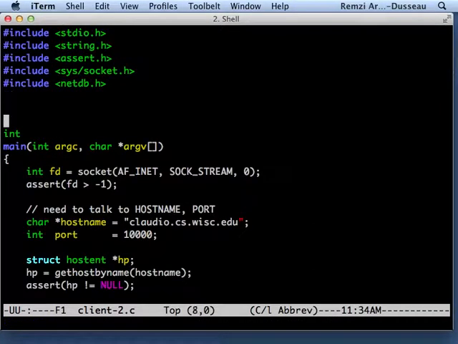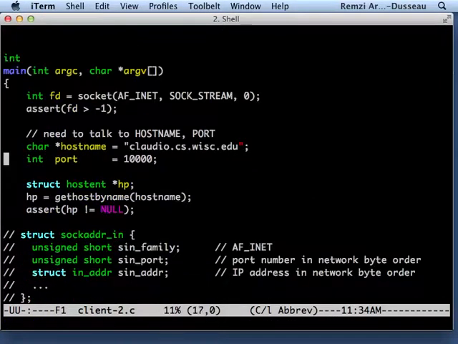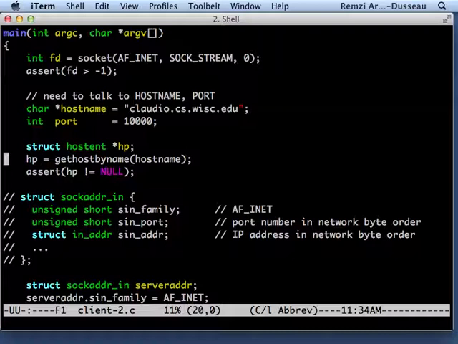Let's look at the next piece, a little bit more complicated. So we've created a socket, but having a socket without connecting to some server to talk to isn't that exciting. To talk to a server, you need a host name and a port number. And then you need to turn that host name and port number into something that the system understands, which at the lowest level is an internet address or a socket address, which means you need to fill in this structure called sockaddr_in, or internet.